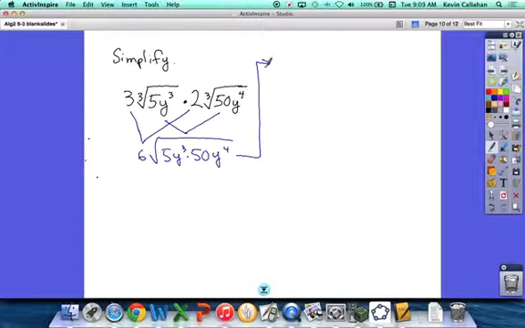I've got to multiply, so this will be 6 times the third root of 5 times 50, 250, times how many y's? Y to the third times y to the fourth is y to the 7th. Add exponents.